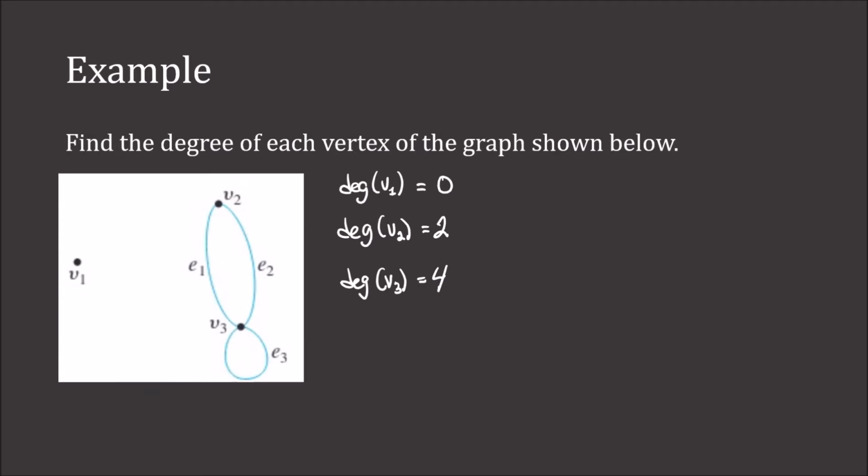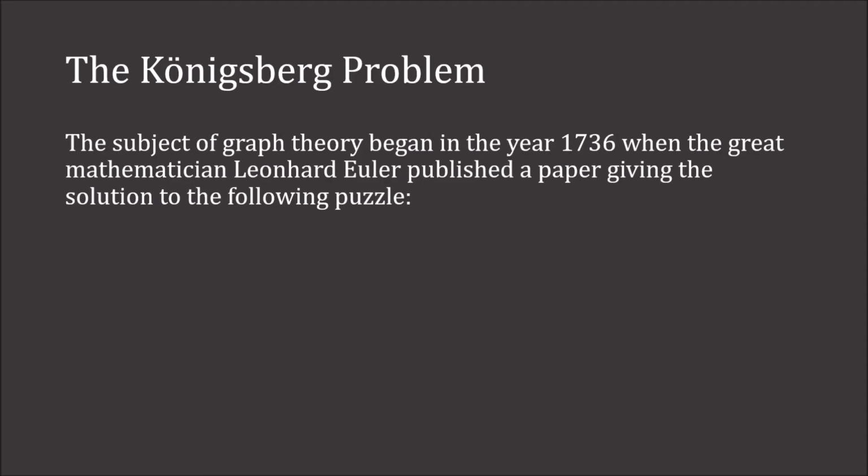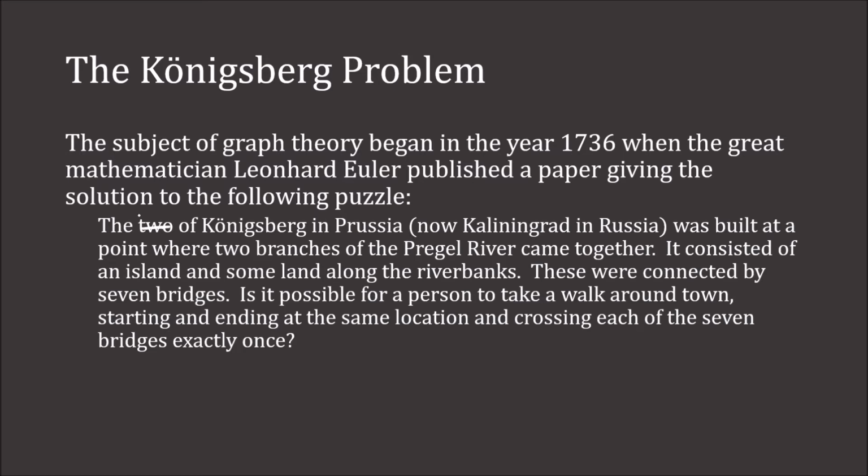Now, the subject of graph theory began in the year 1736 when the great mathematician Leonhard Euler published a paper giving the solution to the following puzzle. The town of Königsberg in Prussia, which is now Kaliningrad in Russia, was built at a point where two branches of the Pregol River came together.